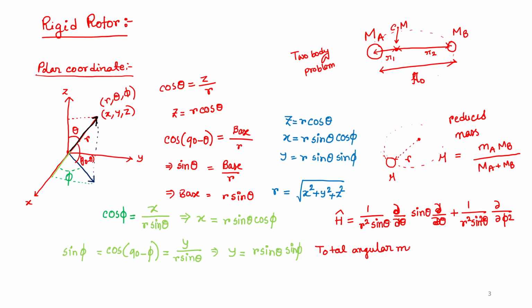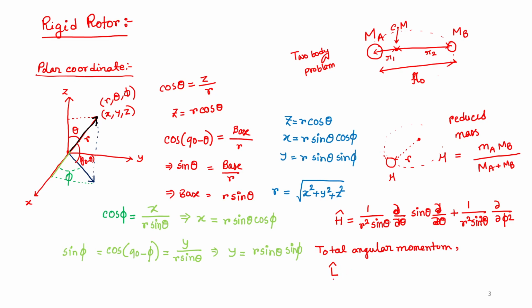So right now I am discussing the important relationships, expressions or equations that are going to be required for the solution of these assignment problems and whatever numerical problems we are going to solve next. So total angular momentum is defined as this operator, capital L.